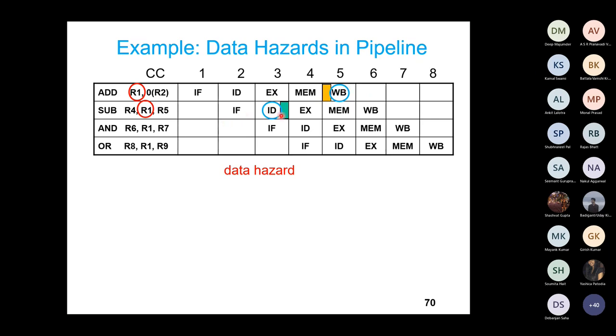Clearly, this data is not available. So if I don't do anything, I have to stall and wait until the 5th clock cycle until this data is available, and I can resolve the hazard that way.